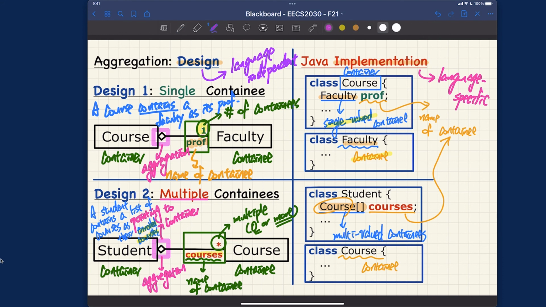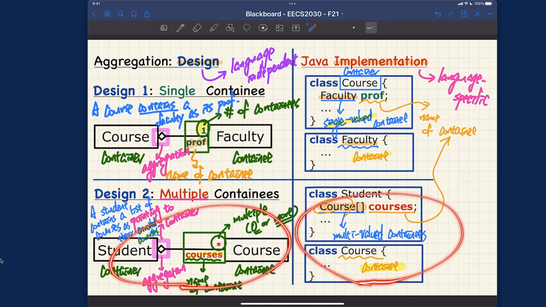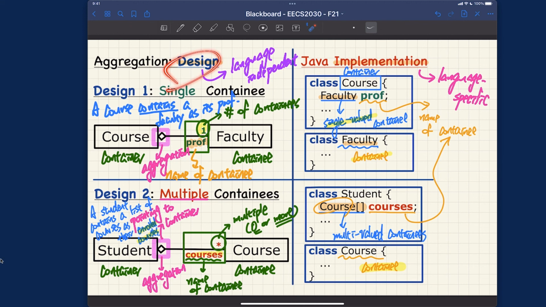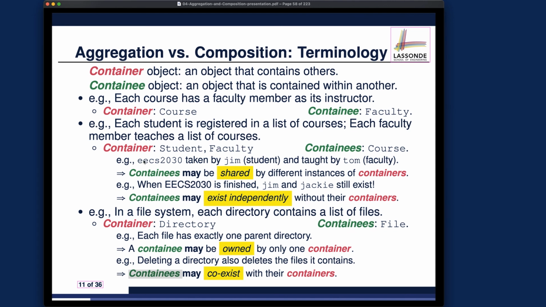All right, so that's very important for you to see both in the diagram what's the corresponding Java implementation, and also for the diagram for the multi-value containees, what's the corresponding implementation using an array. So that's about how you can go from design into implementation. We'll see more as we go. So that's about the terminology, modeling, and implementation for aggregation versus composition. We haven't seen any implementation for composition like the file system, but we will go into that example later.